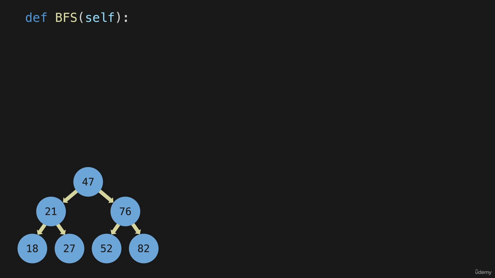And then we have a few variables that we need to create. First, we'll say that current node is equal to self.root. I've highlighted that in green on the tree there. And then we're going to need a queue. I'm going to implement this as a list. If you'll recall from when we created the queue data structure, a list is not the ideal way to implement a queue from a big O perspective.